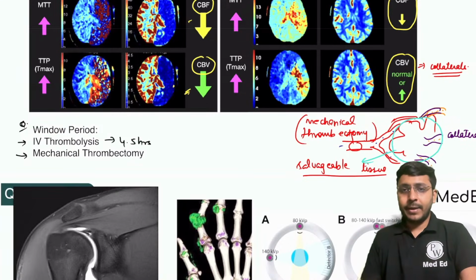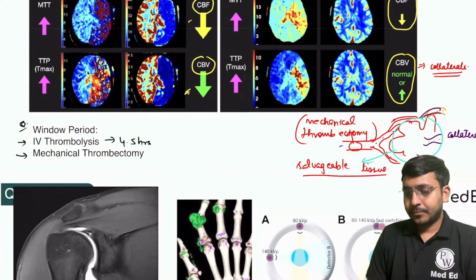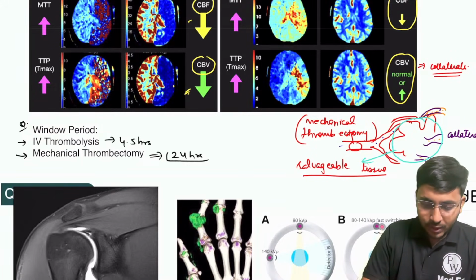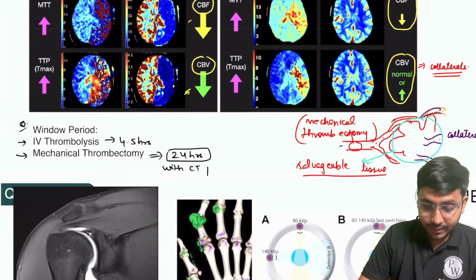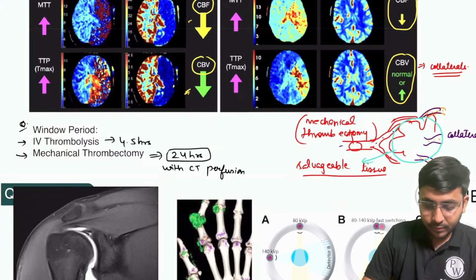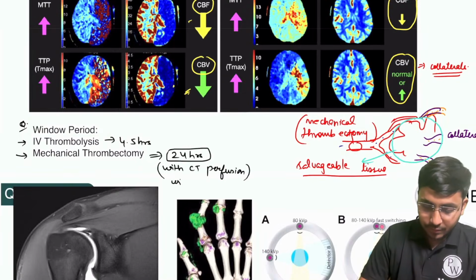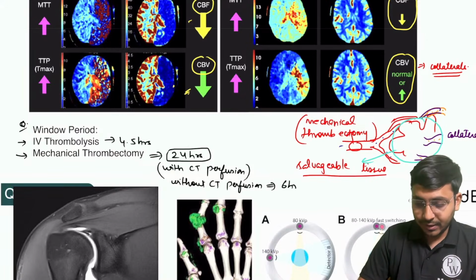And for mechanical thrombectomy, the window period is up to 24 hours with CT perfusion. And if the place does not have CT perfusion, it is 6 hours.